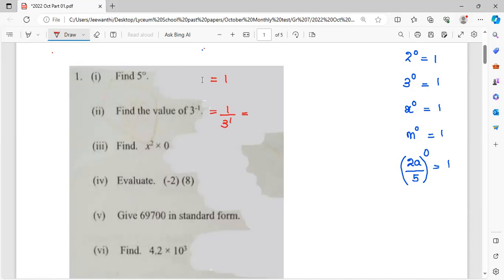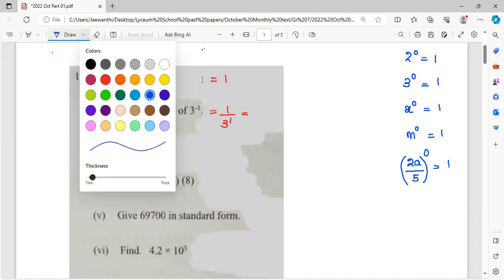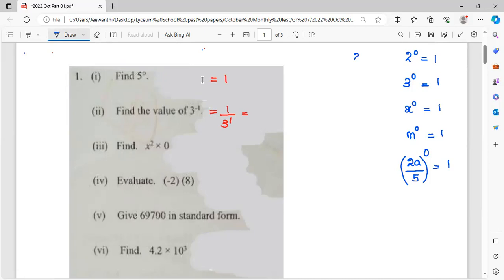So then the other thing we want to recall is the index 1. 2 to the power 1, the answer is equal to 2. 3 to the power 1, the answer is equal to 3. X to the power 1, the answer is equal to x. M to the power 1, the answer is equal to m. 2a over 5 to the power 1, then you write the same answer, 2a over 5.